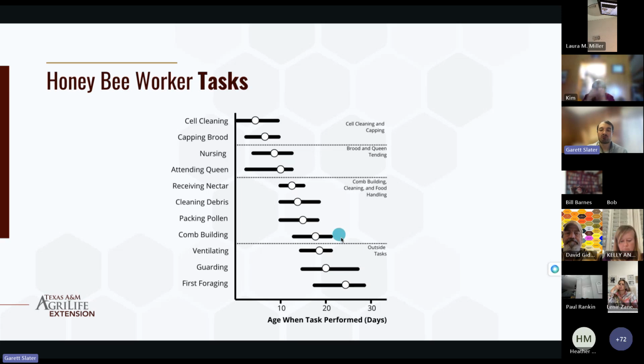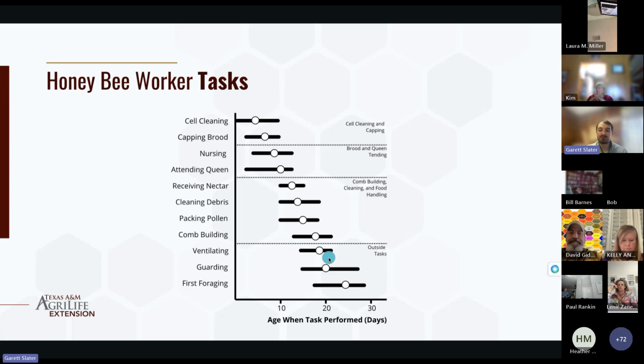And some workers' job is comb building. So these workers around 15 to 20 days old are doing everything from receiving the nutrients to cleaning the colony to comb building. Really for the first day to 20 days, they're doing all these inside tasks, ranging from cleaning to brood and queen tending to comb building, and then they transition to outside tasks.